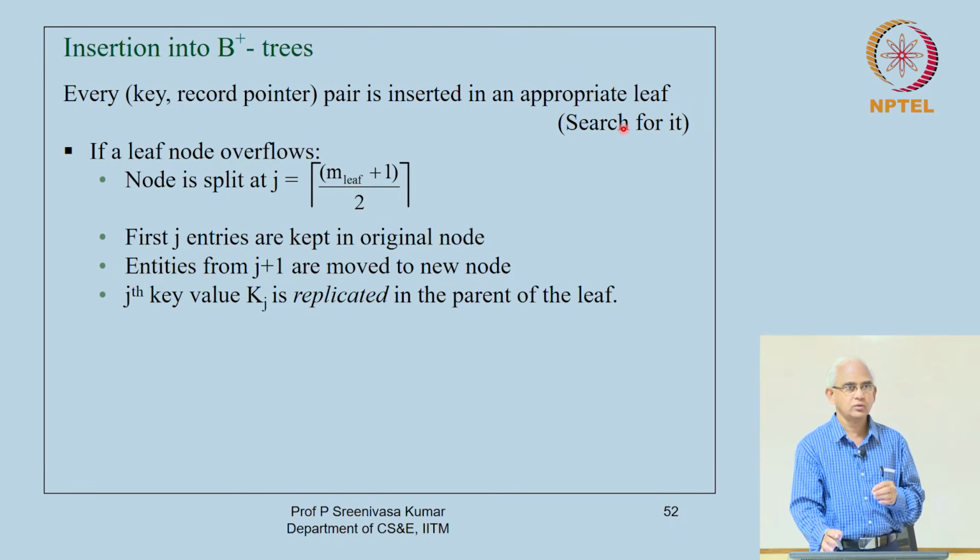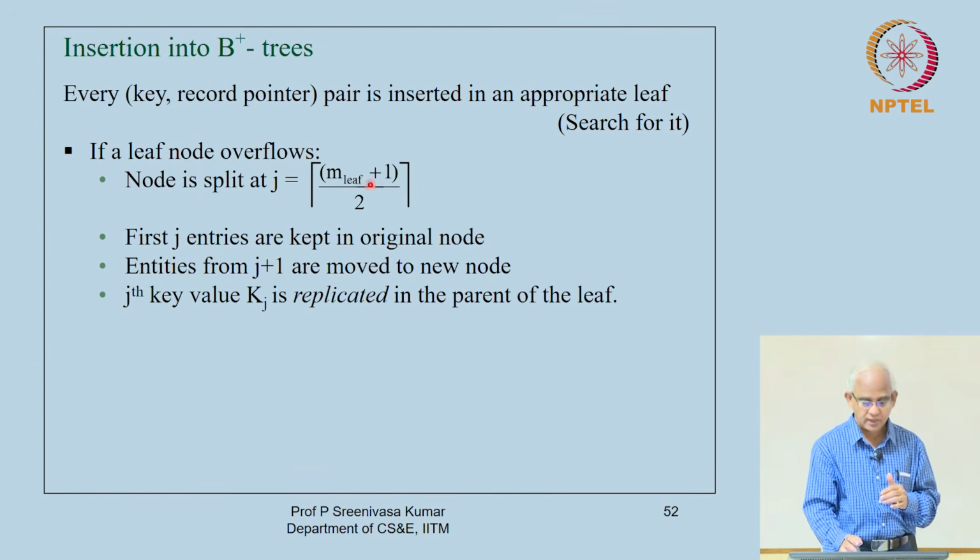Okay. Now, various issues will come. If there is no problem in the leaf, in the sense that the leaf is not full, then we can simply insert the new pair, the key and record pointer, into the leaf and be done with that. What if the leaf node has some upper bound on the number of record pointers it can hold?